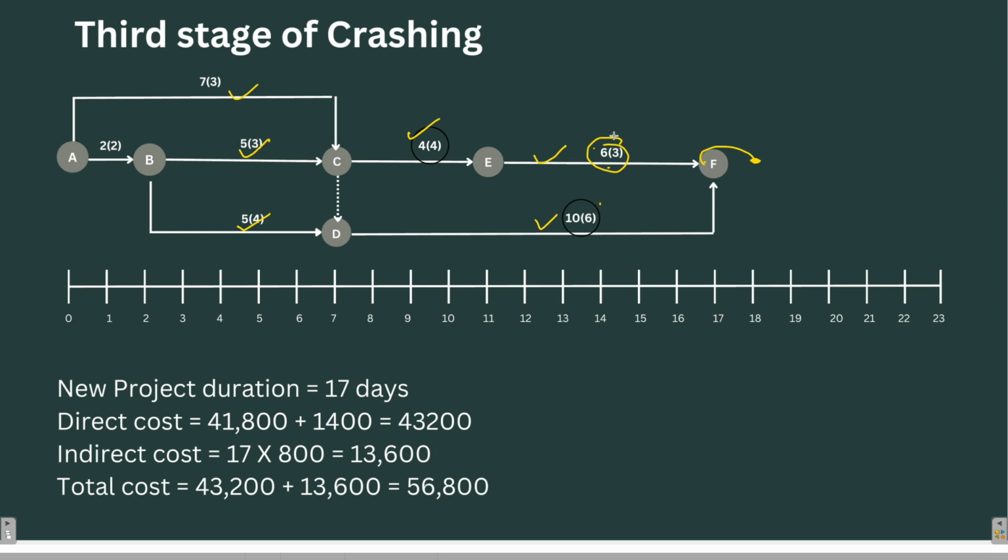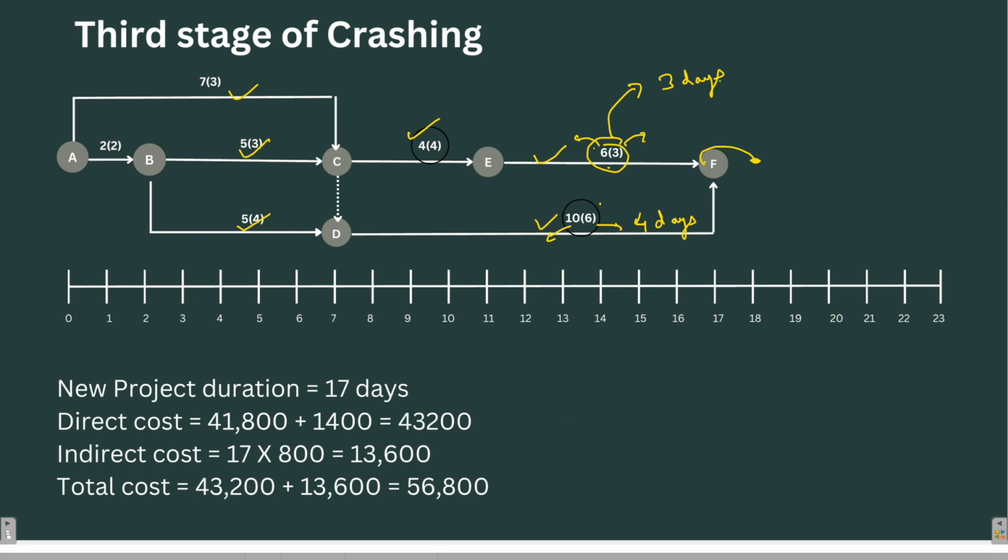So EF has a crashing potential of 3 days. 6 days is the normal and the crash duration is 3 days. And here the normal duration is 10 days while the crash duration is 6 days. So the crashing potential is how much? 4 days. We can reduce it by 4 days. But we can reduce EF by only 3 days. So which one will we choose? We will choose only 3 days. So we will crash activity EF as well as DF for 3 days.